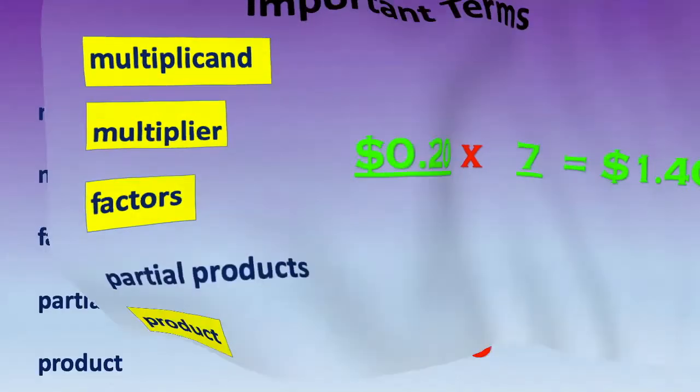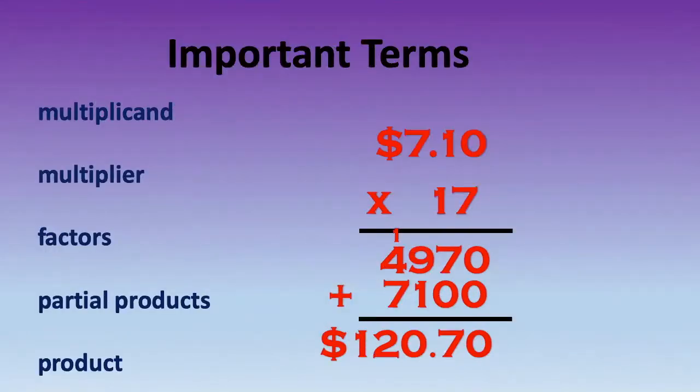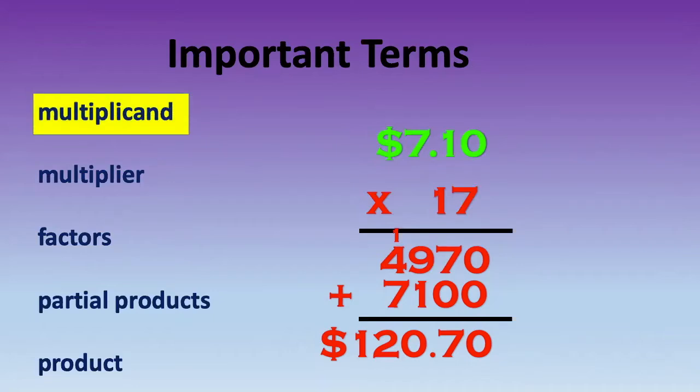Let's look at another example. $7.10 multiplied by 17 gives us a product of $120.70. In this example, $7.10 is our multiplicand, 17 is our multiplier.